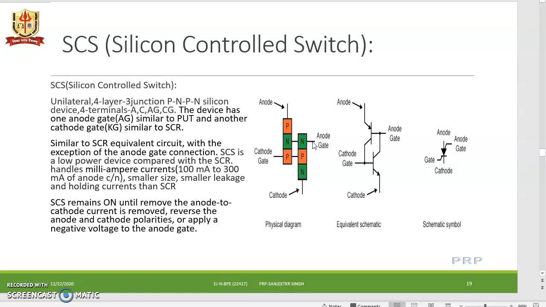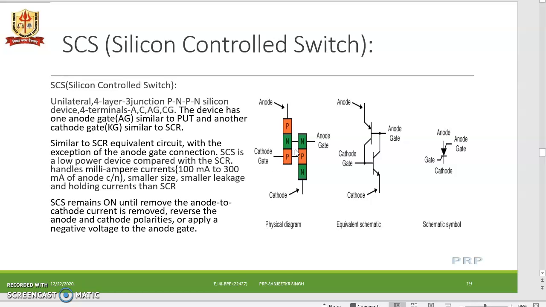If we apply a negative voltage to the anode gate, then it will turn off. If we apply a negative voltage at the cathode gate, it is turned off, and if we apply a positive anode gate voltage, then it will also be turned off.